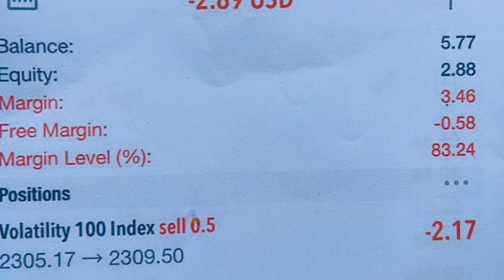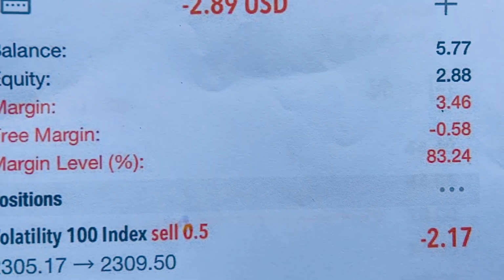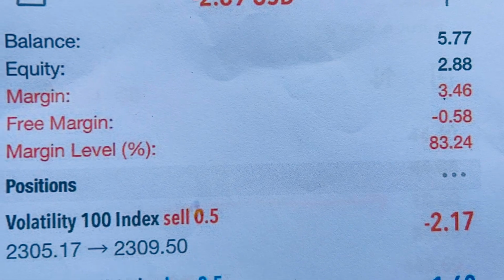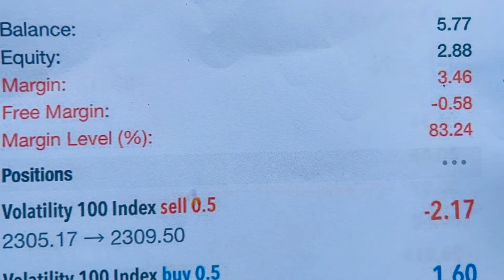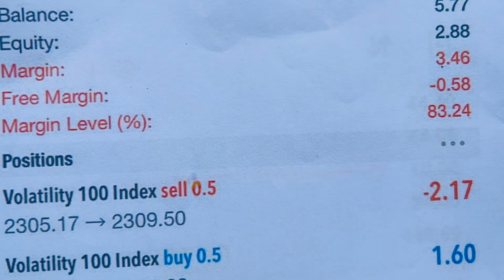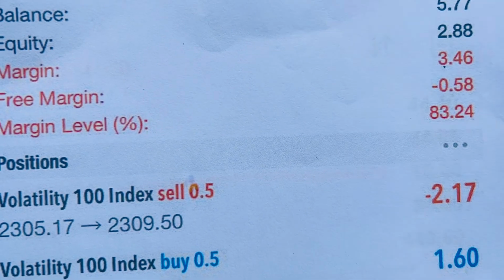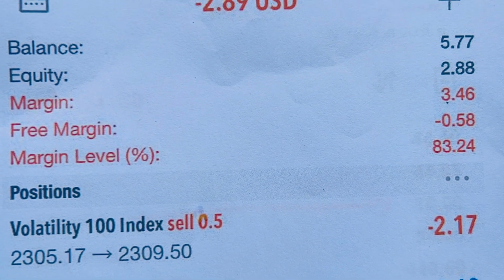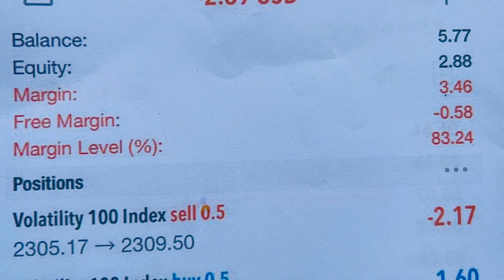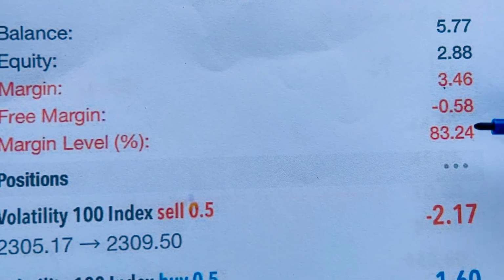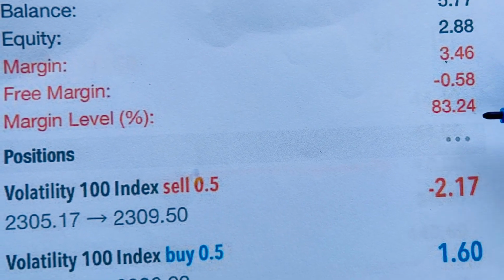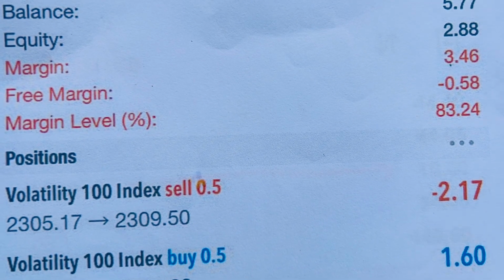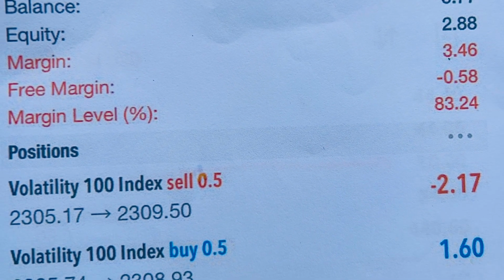Some of you might be confused, some of you might understand it, but stay with me so that you understand what's happening here and can work around this. I will show you the easy way for you to do this without any issue. I'm just referring to this so that you can understand if you have less money and you're trying to trade and risk well. When we look at the margin here, the broker will set a margin level of 50 percent. Some of them set it at 70 percent, depending on the broker that you're using.